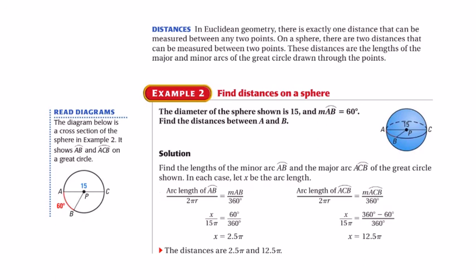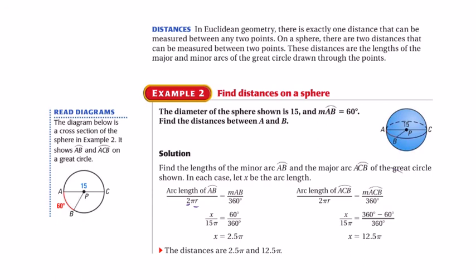So I fill in variables for what I do not have, and then I fill in the numbers for what I do have. So our 2r here, that is our diameter, so 15 pi goes in there, and then my minor arc, which is the same as my central angle, 60 degrees over 360, and then we solve in an exact manner, leaving it as 2.5 pi instead of rounding it.